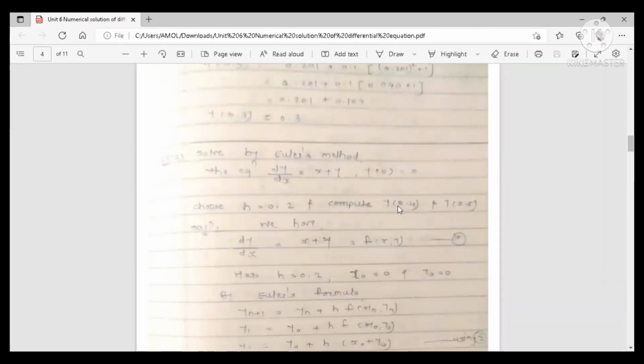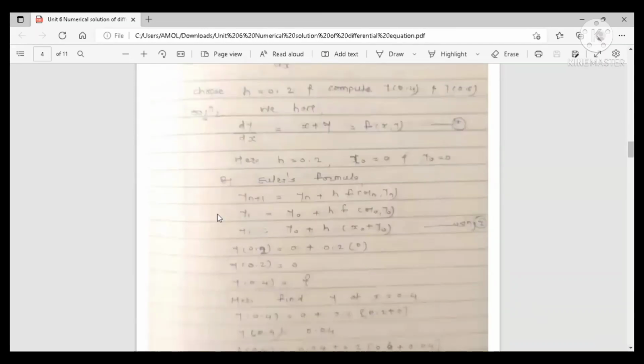Here you will get your answer in two steps because your h is 0.2 and your aim is to find the value of y when x is 0.4. To reach 0.4, you have to do two steps because your x naught is 0. 0 plus 0.2 is 0.2. So you find the value of y when x is 0.2 first by using Euler's formula.